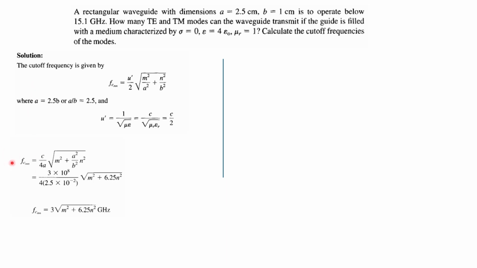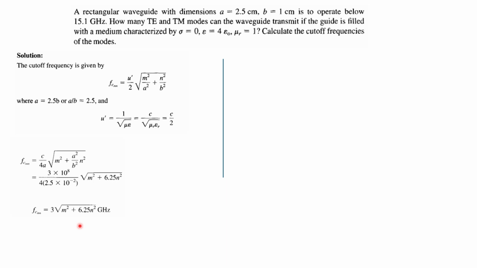So how can we find it? In the formula, just replace the value of u' that we have found here, and put the values of a and b, and leave the remaining things, m and n, for now. If you solve, you will get f equal to 3 square root of m squared plus 6.25 n squared. The question is, why are we not putting the values of m and n?